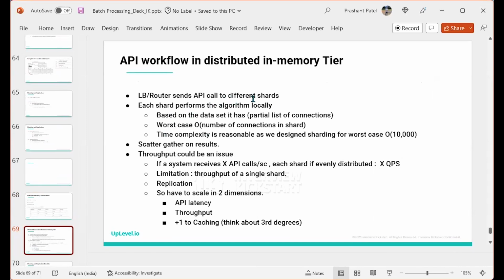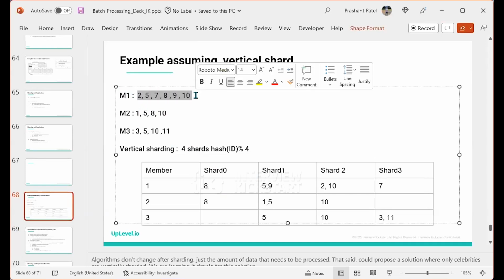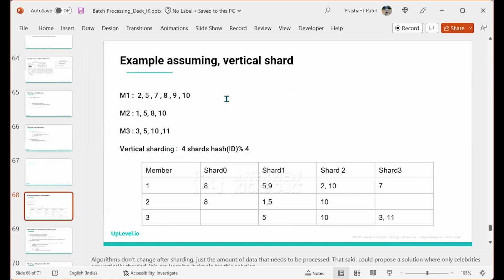For different shards, how the data would be there: mostly it's the configuration manager that would be storing the shards in which the data is present for a user. Connections would be in millions, but shards would be in hundreds, or 200s of shards. So instead of iterating through the users, we will be iterating through the shards to find the mutual shard. The mutual shard would have the mutual connections.